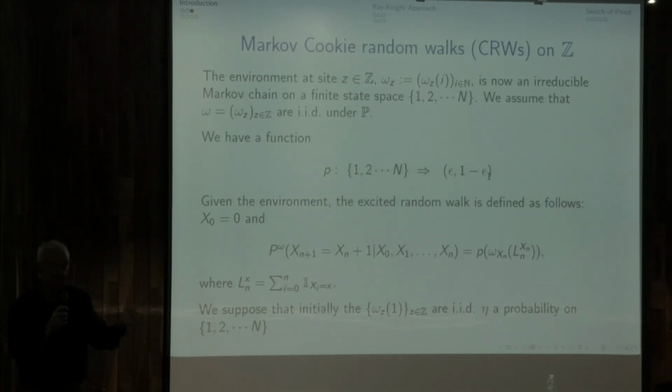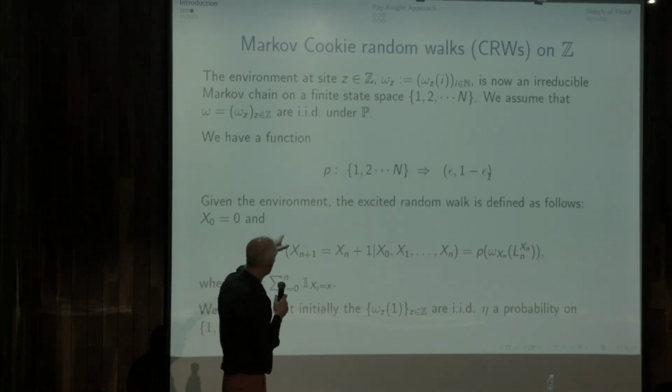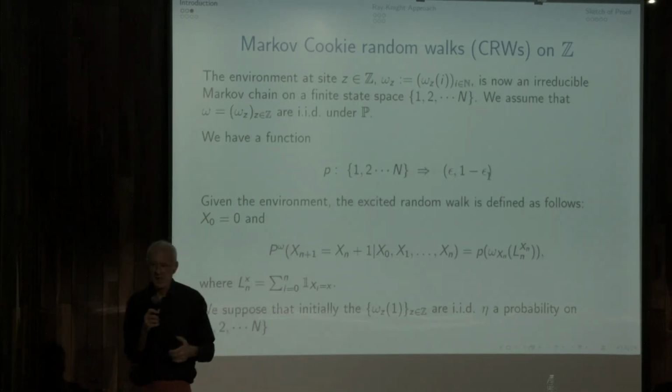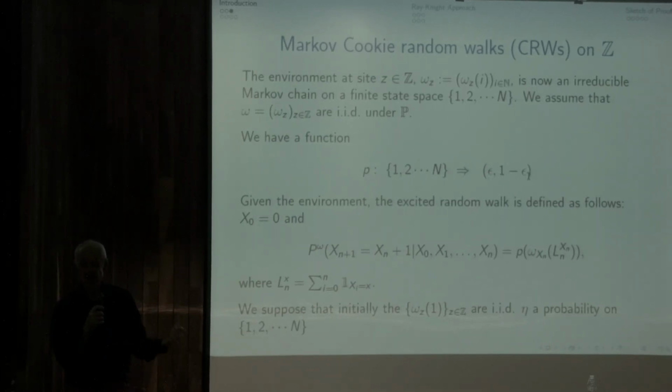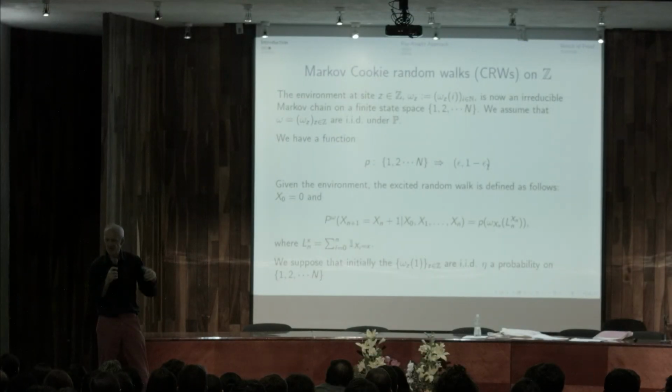Just think of maybe 2 values if you like. And then you have a function from the values of the Markov chain to [0, 1], giving you probabilities. Okay? It's a slight increase in generality because the cookies aren't the values: you could have 2 different values which give you the same probability, but the future behavior will be a bit different.